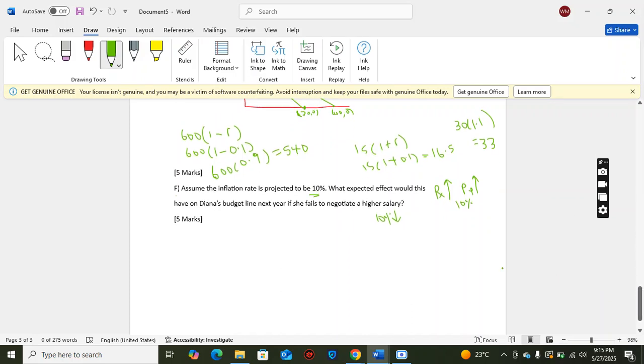All right, so your new budget constraint will be 540 equals 16.5x plus 33y. Any questions?